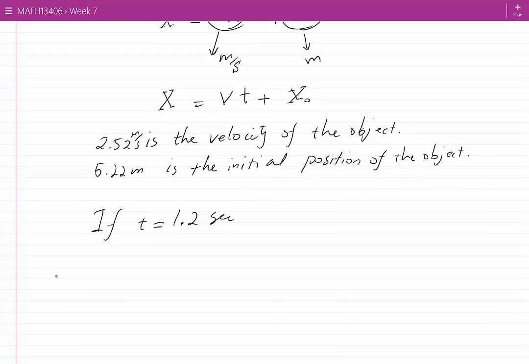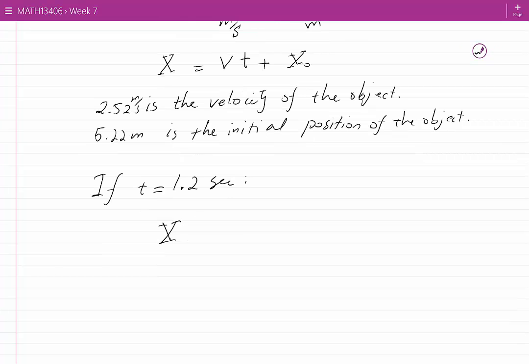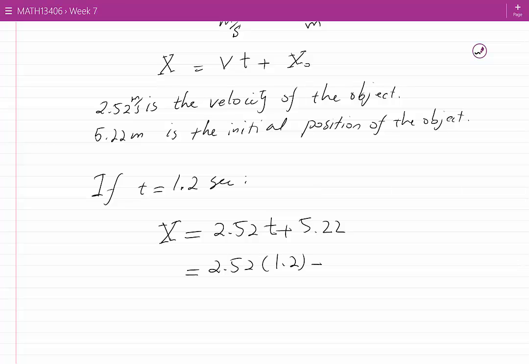The position is found by the equation x is equal to 2.52t plus 5.22, which in our case becomes 2.52 times 1.2 plus 5.22, which is approximately equal to 8.24 meters.